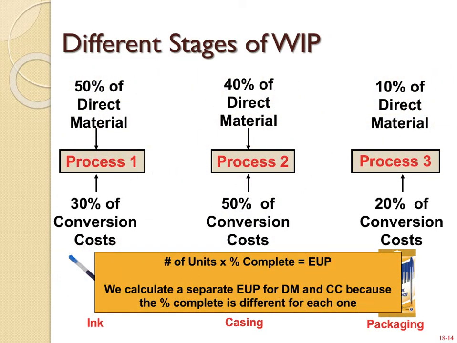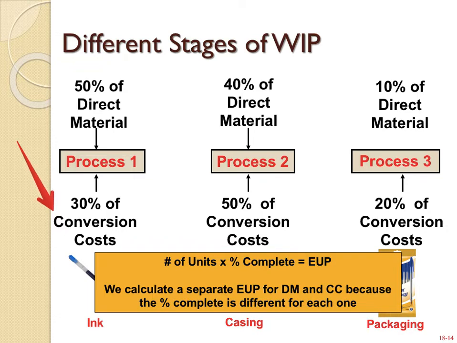So I kind of just revised this a little bit to show, okay, direct materials again are going in 50%, 40%, 10%, but now we're going to say, instead of just direct labor, conversion costs go in at 30%, 50%, and 20%, because again, we assume that direct labor and conversion costs are going to go in at the same rate.